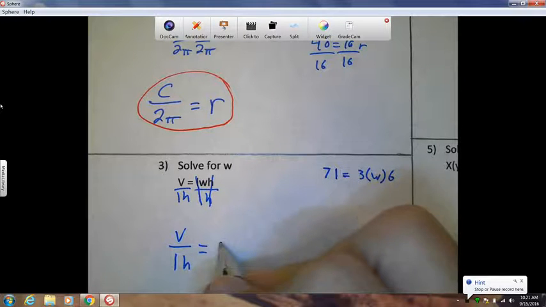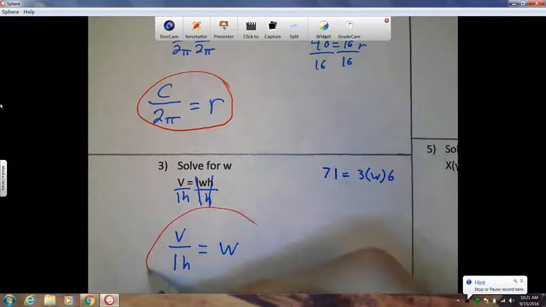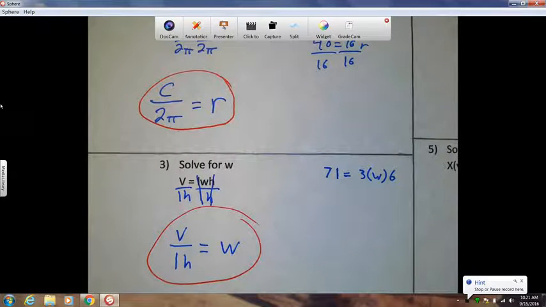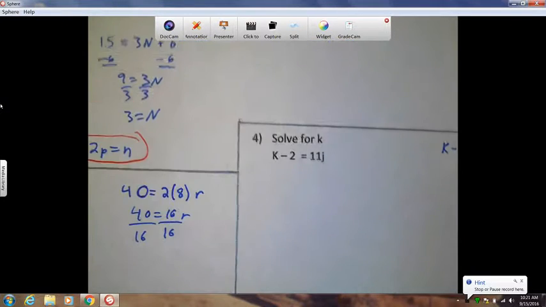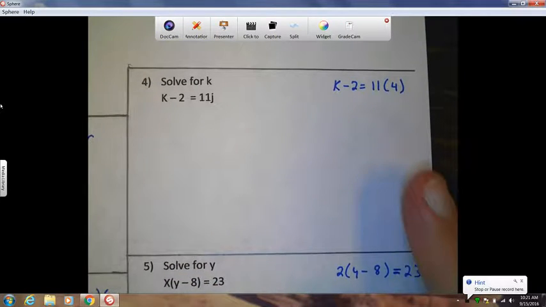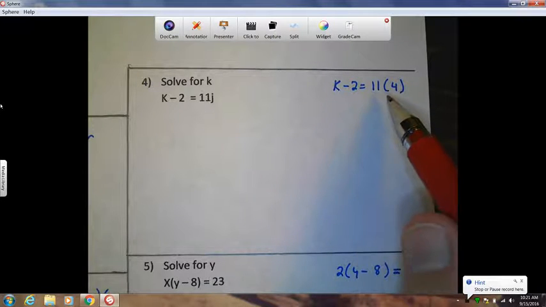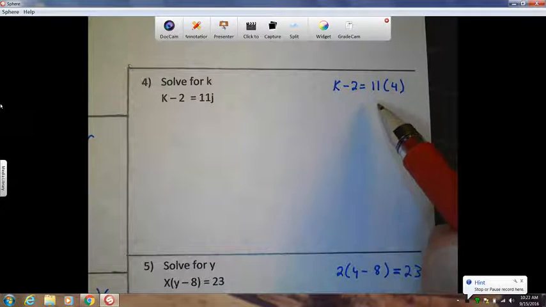Okay, let's look at number 4. Number 4 looks like this. Once again, I have drawn this over here to show what to do, but there's only one step. I'd add 2. So over here I have k minus 2 is equal to 11j. I want to solve for k.